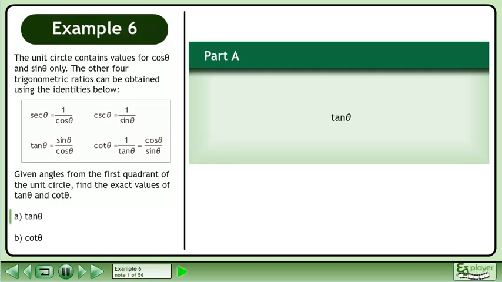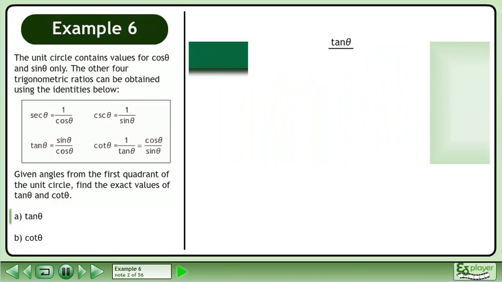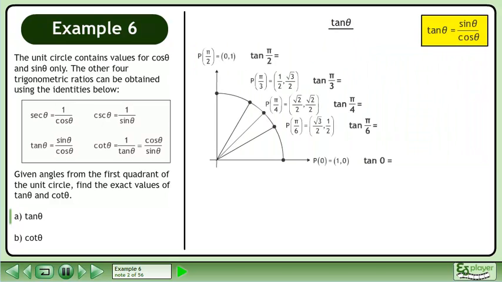In part A, we'll find the exact value of tan theta for the first quadrant angles. Tan theta is equivalent to sin theta over cos theta. We'll begin by finding the exact value of tan 0.